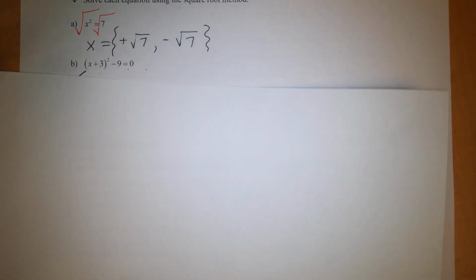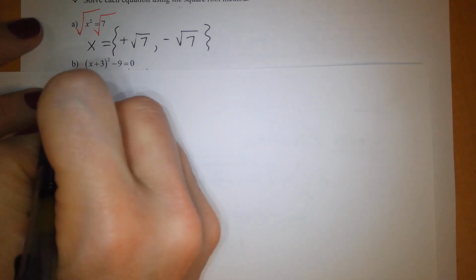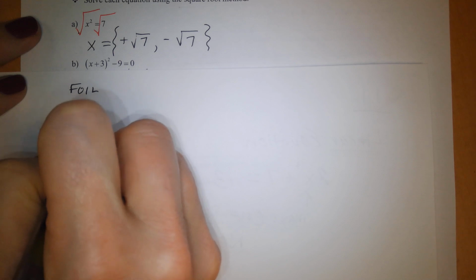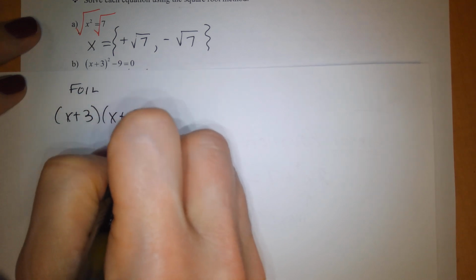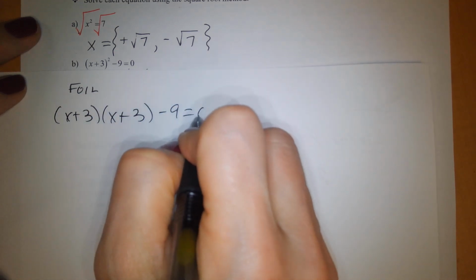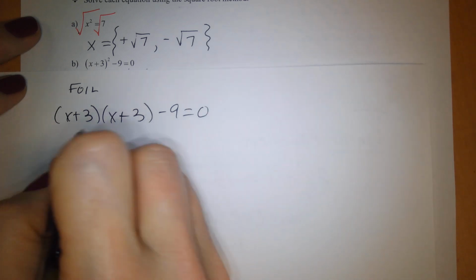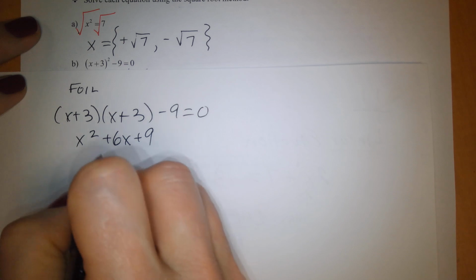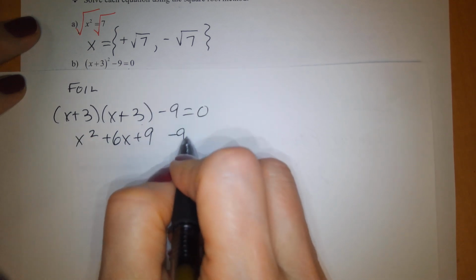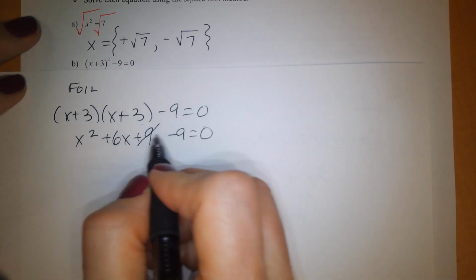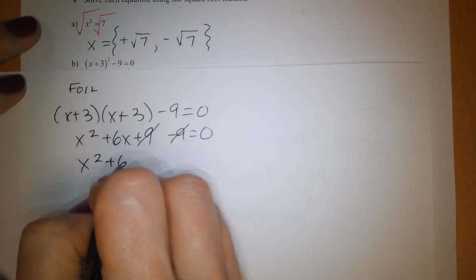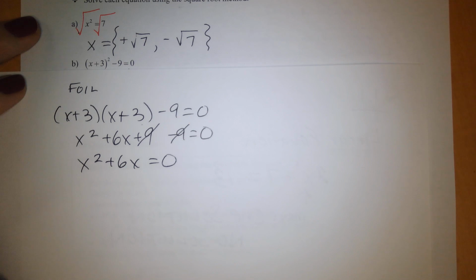Okay, so if I wanted to FOIL all of this out, I would have x plus 3 times x plus 3 minus 9 equals 0. So when I FOIL, I have x squared plus 6x plus 9 minus 9 equals 0. You'll see that those cancel out. So I'm left with x squared plus 6x equals 0.